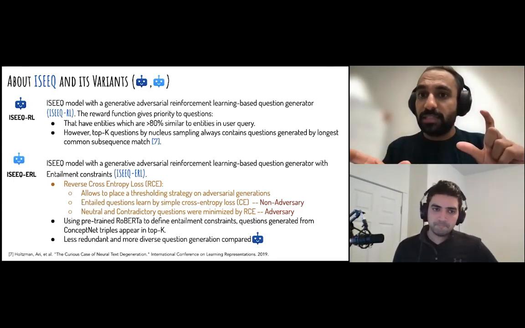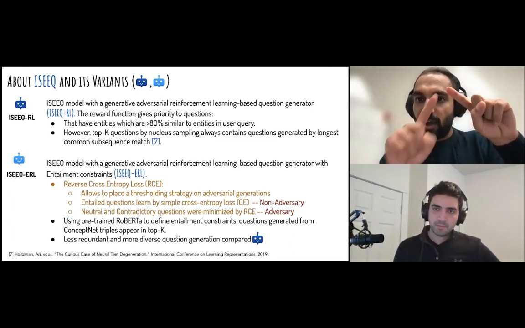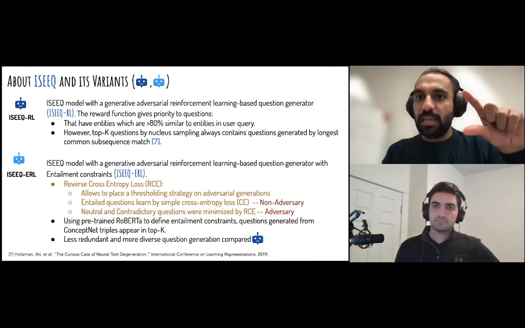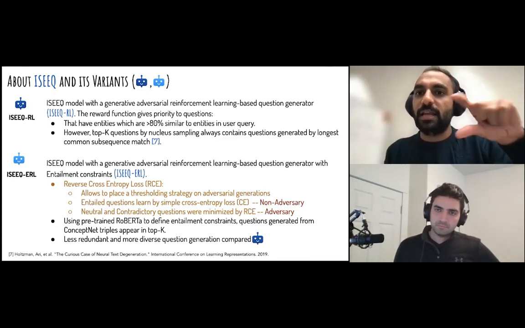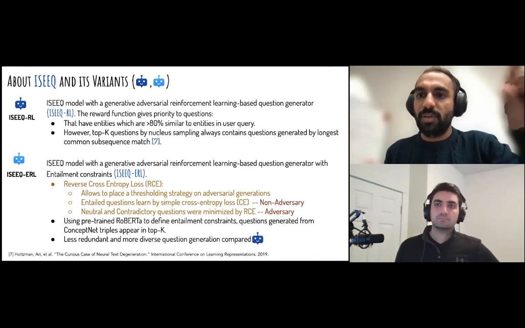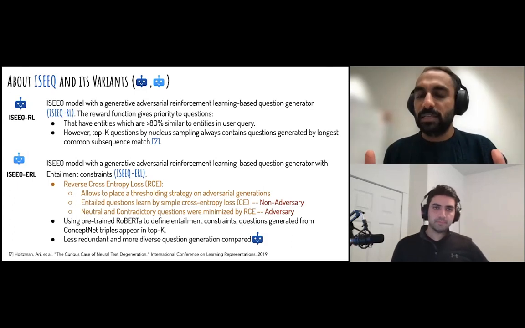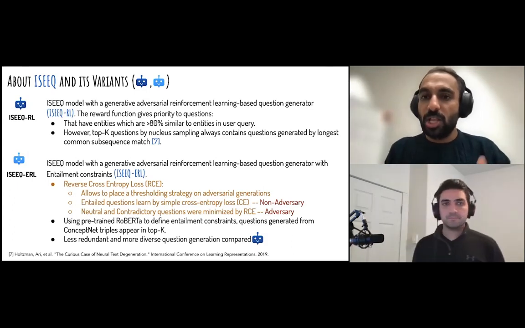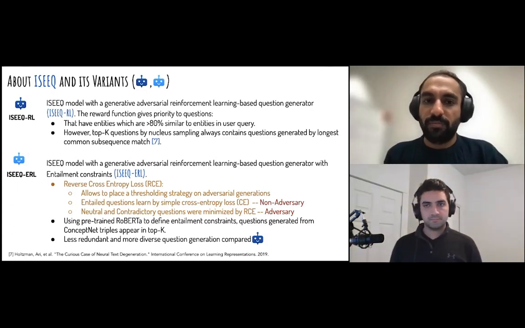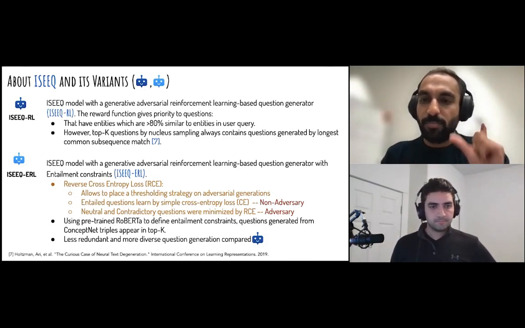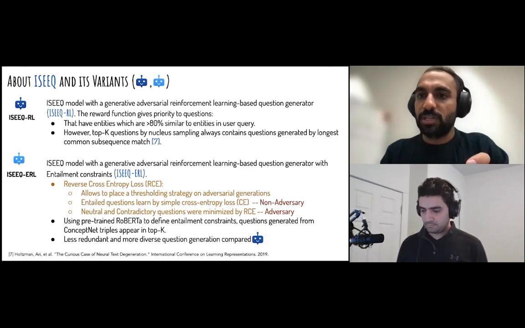The triples, on the other hand, allow you to get that graph, that structure. If that structure happens, even the related entities are important to the query entities, which is nowhere you can enforce without using the knowledge graph, or some form where the graph is happening. So what we did was we introduced a reverse cross entropy loss function, where we put a threshold on the question generation.